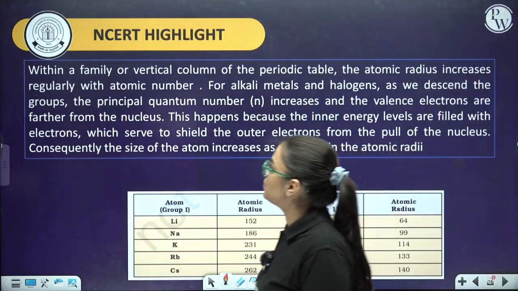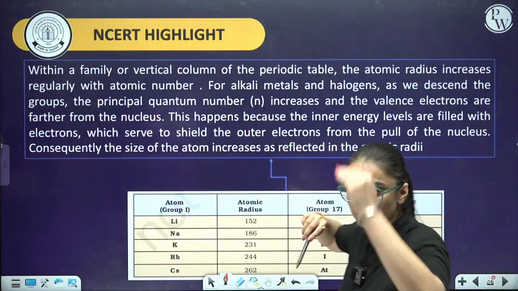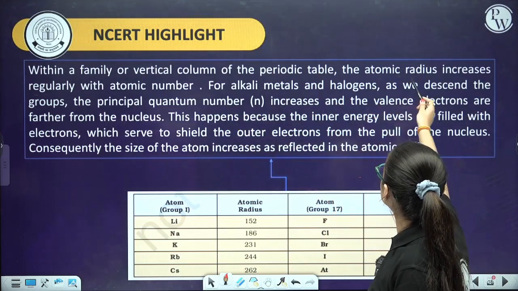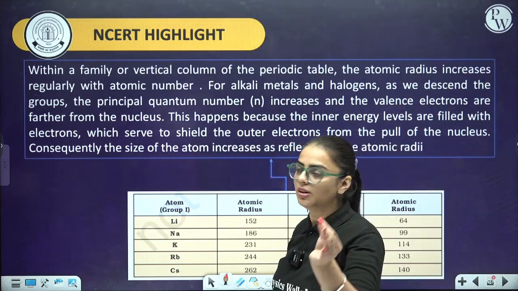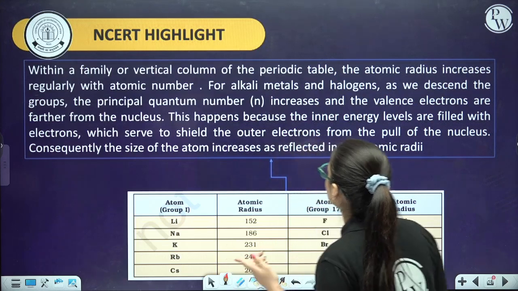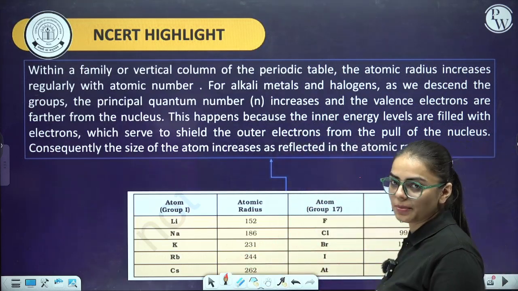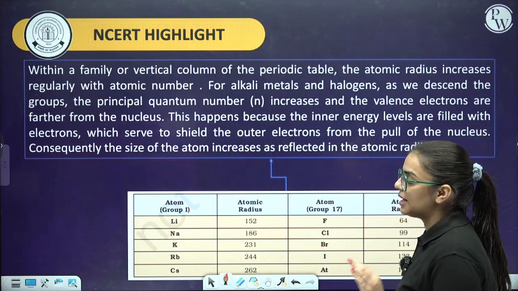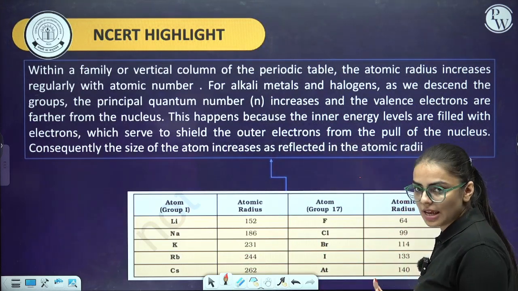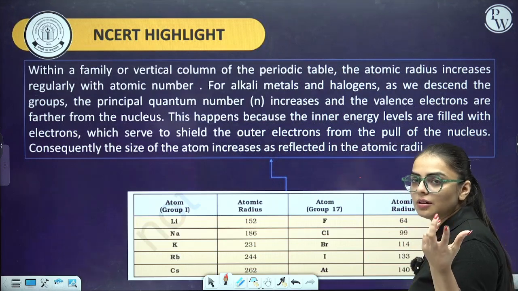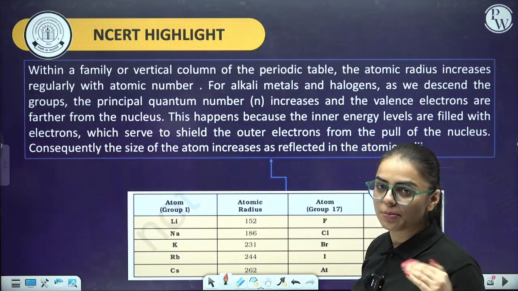The NCERT highlight is: within a family or vertical column, that means a group of the periodic table, the atomic radius increases regularly with atomic number for alkali metals and halogens. Only we are discussing them because there are some exceptions in other cases. Alkali metals are group number 1, and halogens are group number 17.